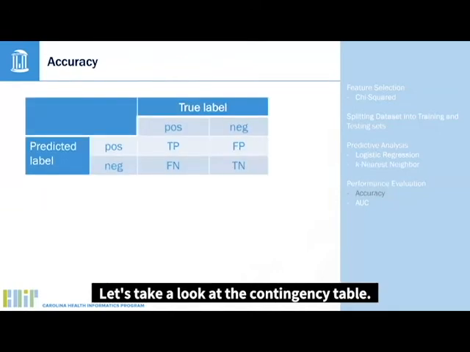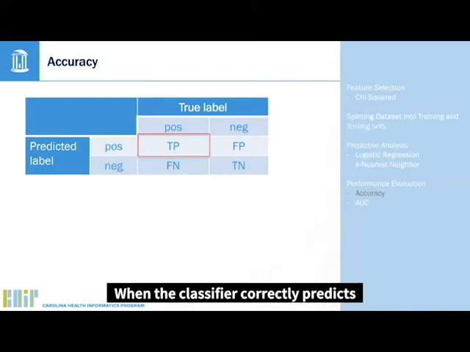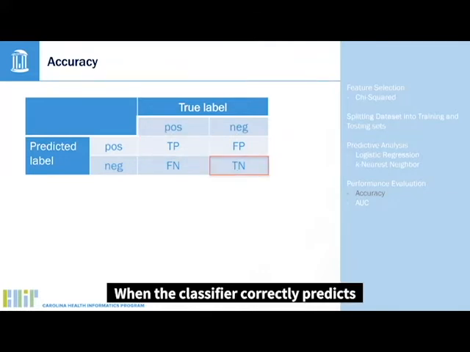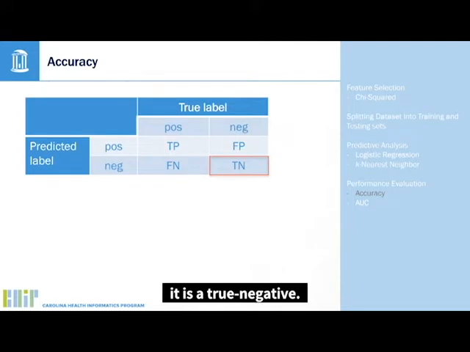Let's take a look at the contingency table. When the classifier correctly predicts an instance as positive, it is a true positive. When the classifier correctly predicts an instance as negative, it's a true negative. But sometimes the classifier may make a wrong prediction.